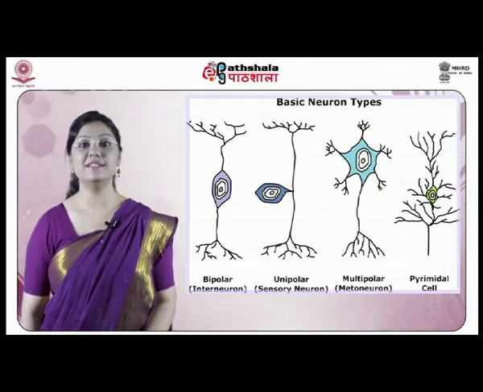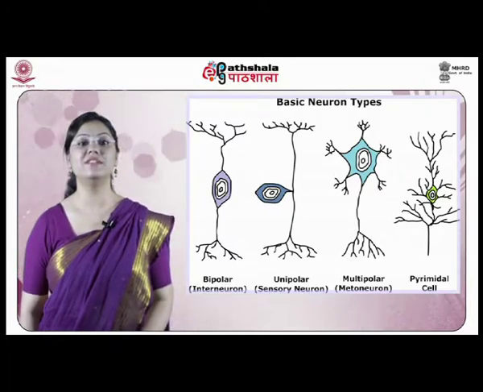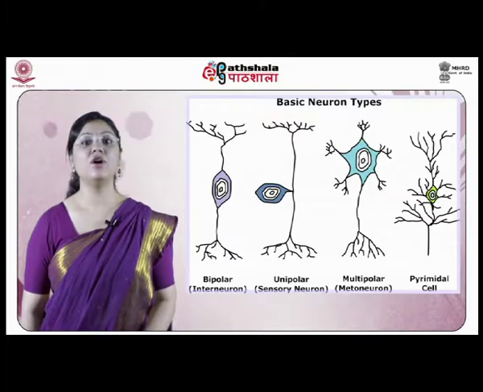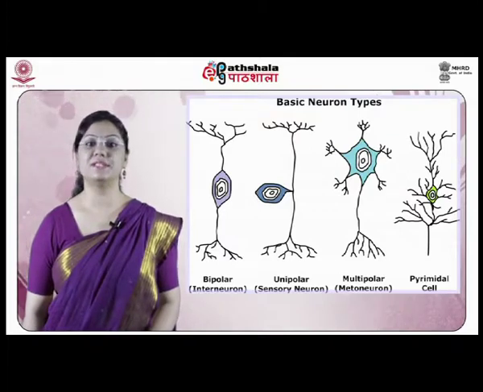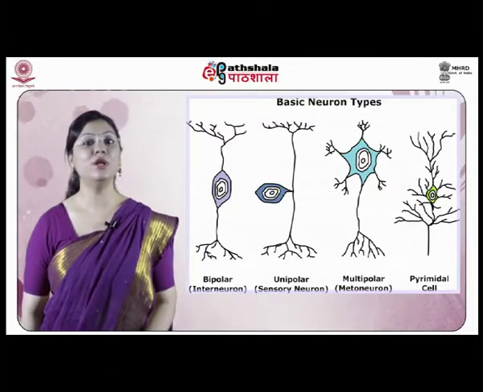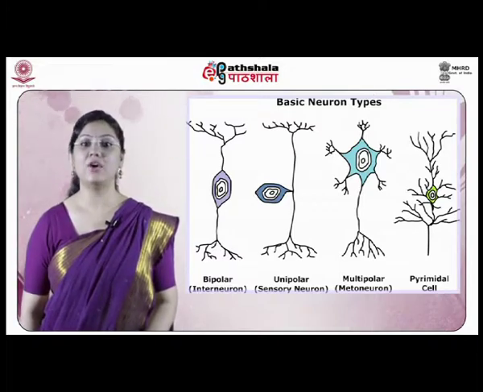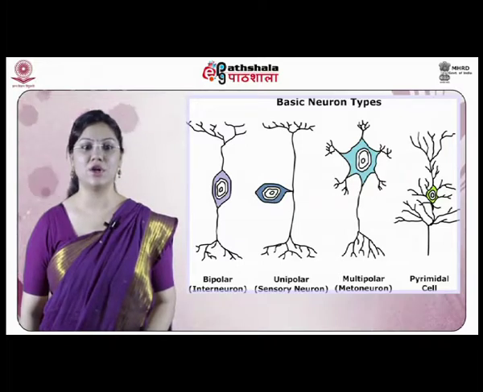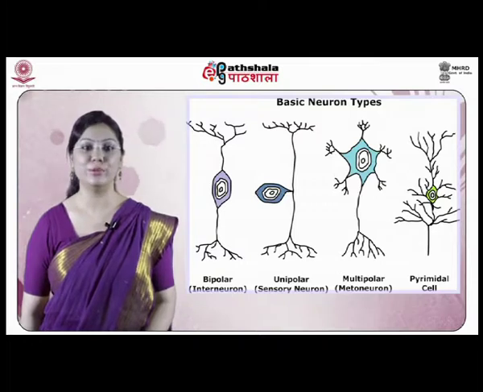Given the diversity of functions performed by neurons in different parts of the nervous system, they are of various shapes and sizes. Let us look at some different types. The unipolar neuron is the most primitive type. Here, the dendrites and the axon arise from the same side of the soma, and hence the name unipolar.